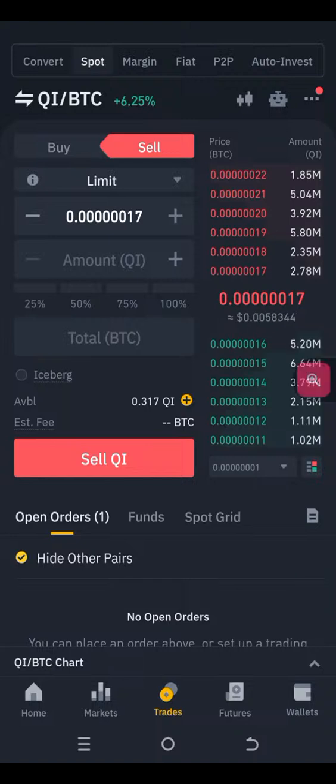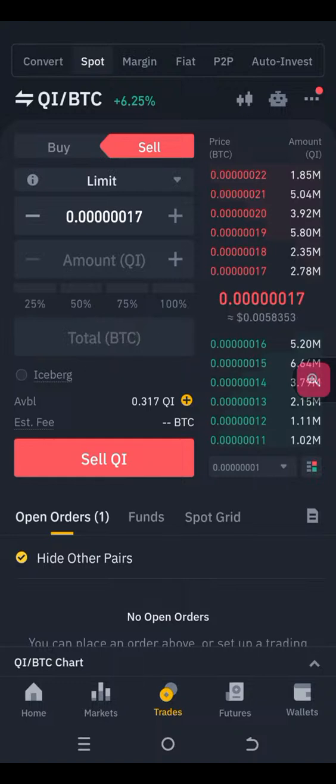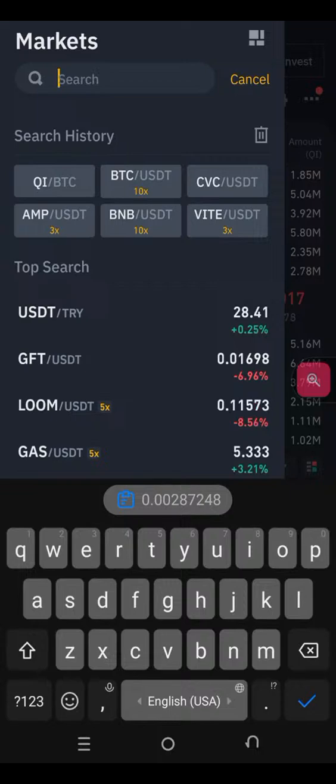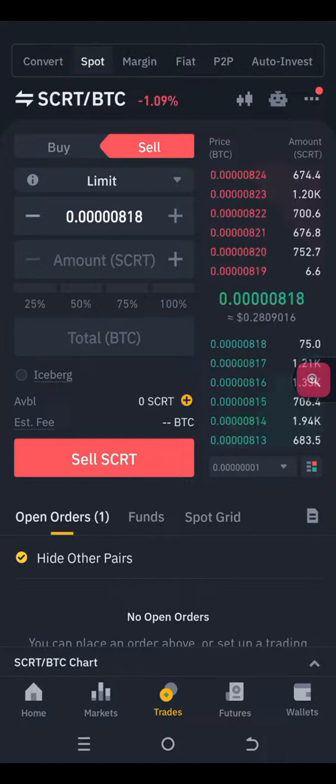Okay, let's choose SCRT, because I just checked my instrument and I saw that it actually has some form of profit in it. So let's go and see what's going on in SCRT. This is between SCRT/BTC in Binance, and SCRT in KuCoin.